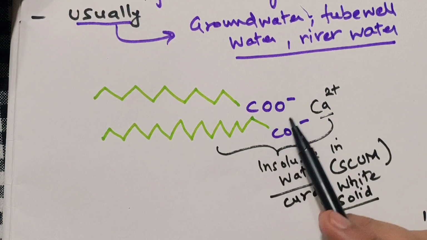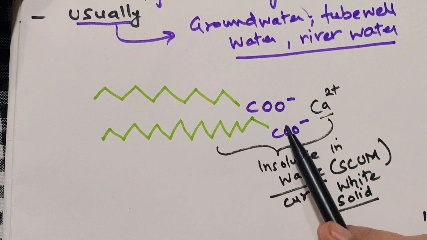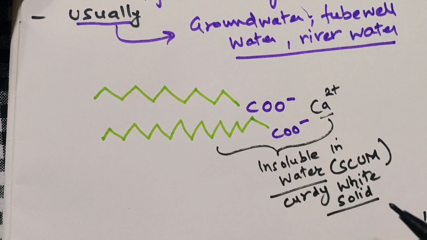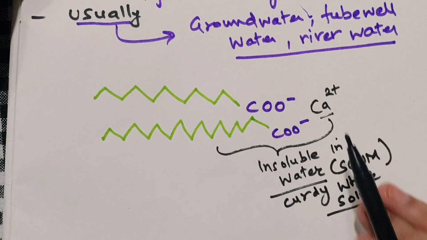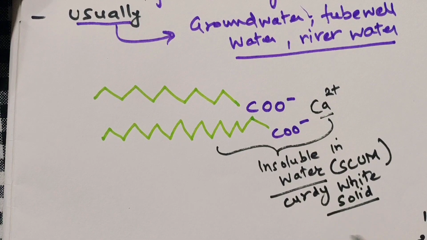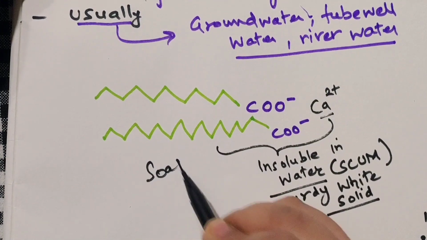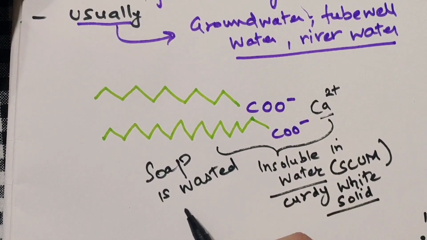Now this insoluble scum that has formed has used some of the soap. So whatever amount of soap you are putting in hard water, a good amount of that soap is being used to form scum, which is not of any use, right? So soap is wasted in hard water.